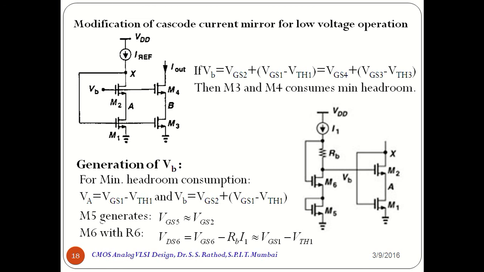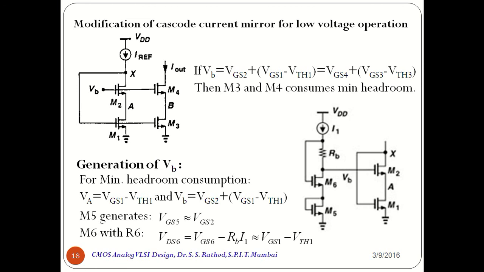So this figure, the right hand side figure, depicts an example where M5 generates VGS5, which is equal to VGS2, and M6 together with RB produces VDS6, which is equal to VGS6 minus RB I1, which is nearly equal to VGS1 minus VTH1.